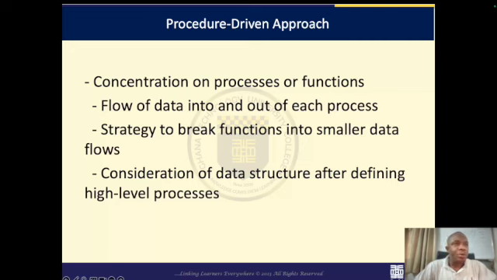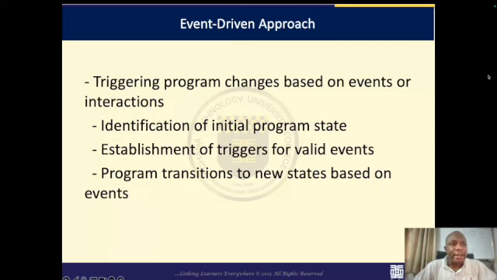The next approach we'll be talking about is the event-driven approach. In the event-driven approach, the program design is based on the idea that an event or an interaction with the outside world can cause a program to change from one known state to another.